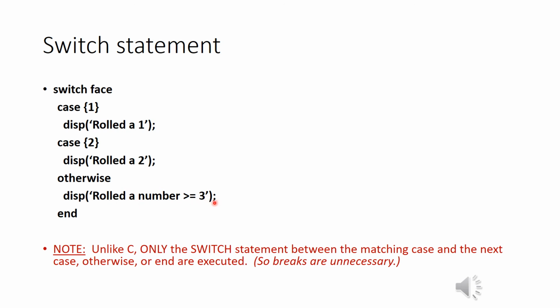Like when a dice is rolled and the value on the face is not 1 and not 2, otherwise. So for the switch we have cases, and we have another keyword which is otherwise, and then the end of the switch statement. Okay, here is a note for you: unlike C, only the statements between matching cases and the next case, otherwise, or end are executed. So breaks are unnecessary. You can use breaks in C language, but not here.